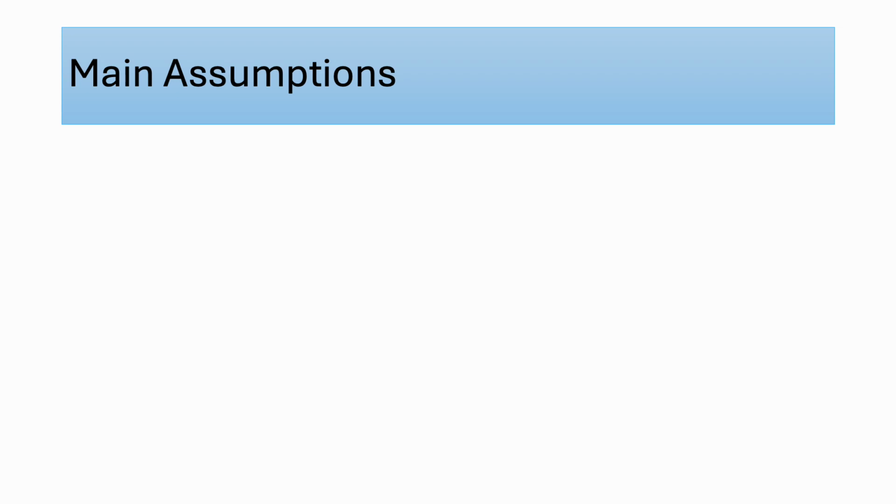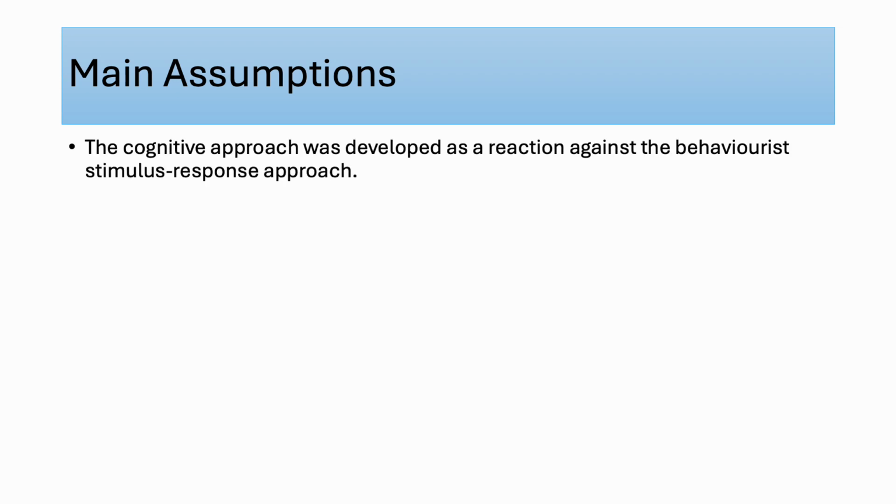So starting with the main assumptions and how it builds on behaviourism. The cognitive approach emerged after behaviourism, and it was a reaction against their stimulus response approach, this idea that behaviour is caused by a stimulus and that we respond to it, that very simple idea of behaviour.